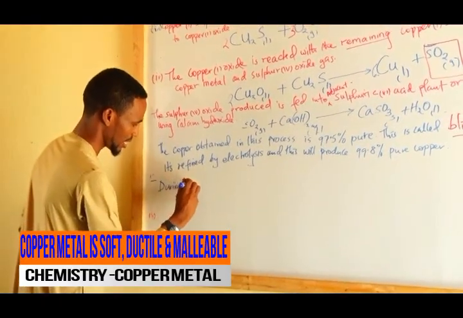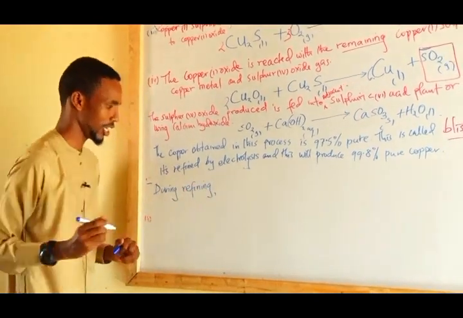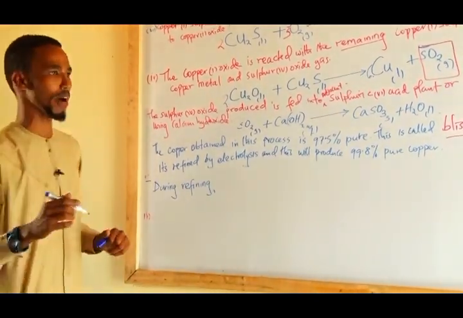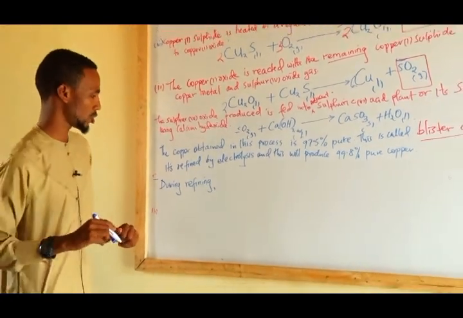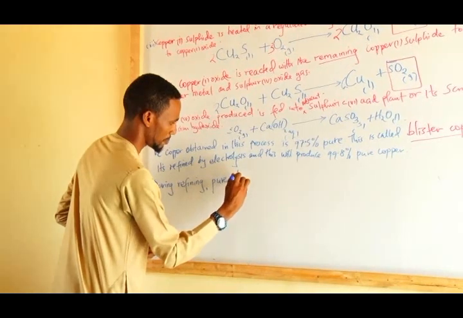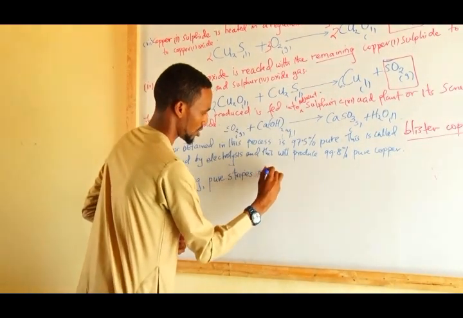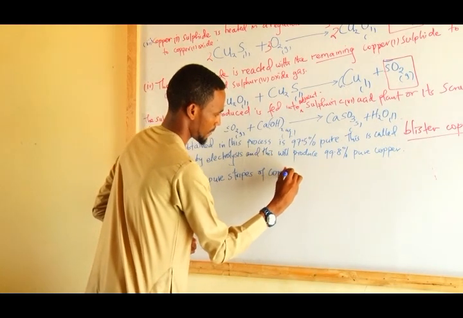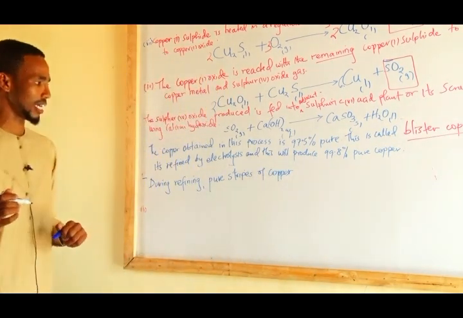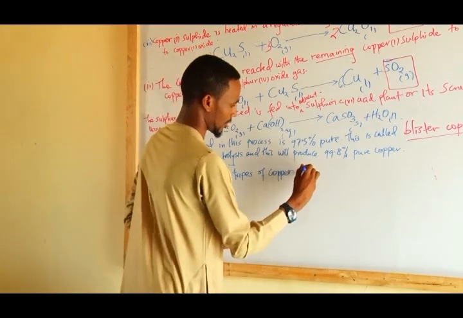During refining, what is the purpose of refining? We said the importance of refining is to get more pure copper. So during refining, pure strips of copper are used as cathode.